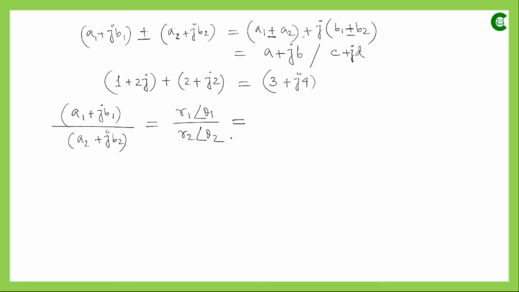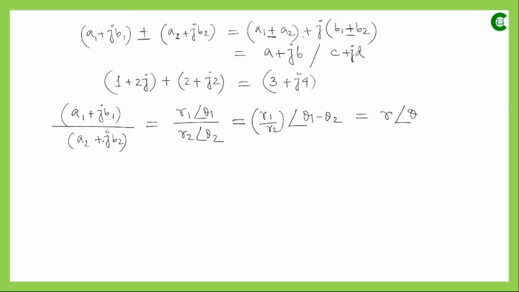So simply we will divide r1 by r2, that is the r part, and for the angle part it will be the subtraction of the angle in the denominator from the angle in the numerator. So it will be theta 1 minus theta 2. If we say r1 divided by r2 is r, and theta 1 minus theta 2 is theta, then we can finally represent it in polar format.